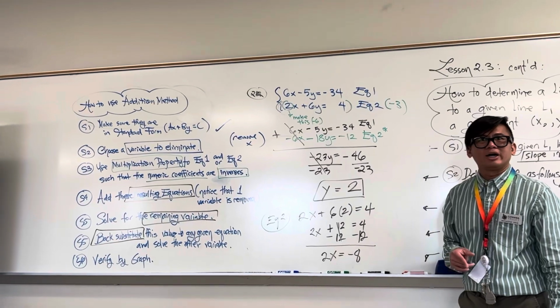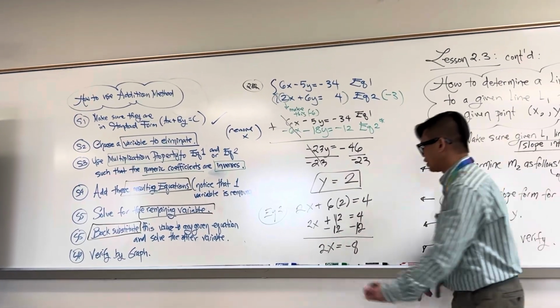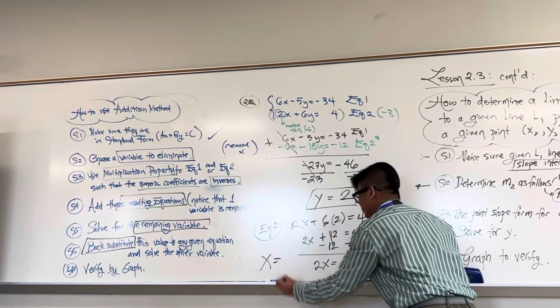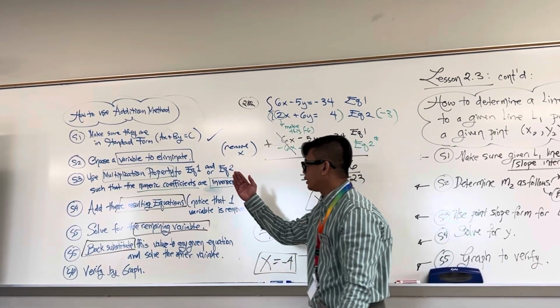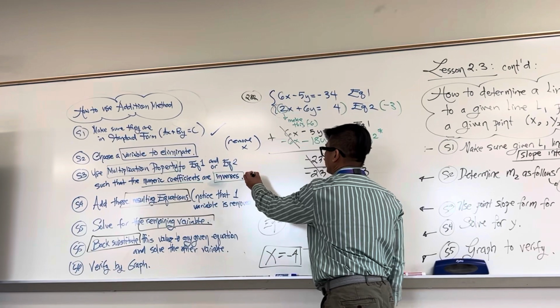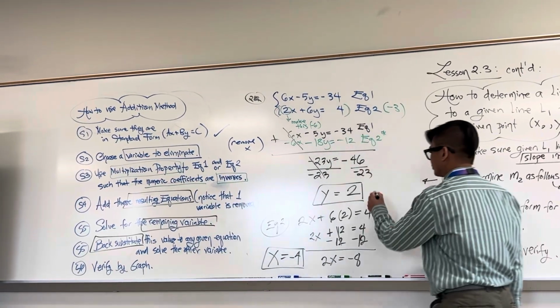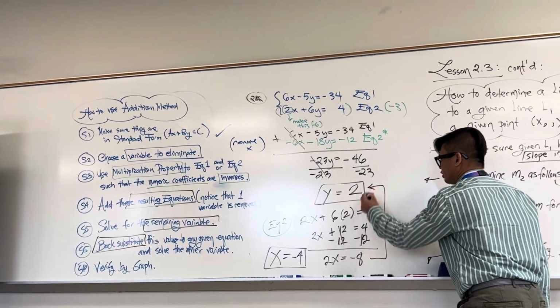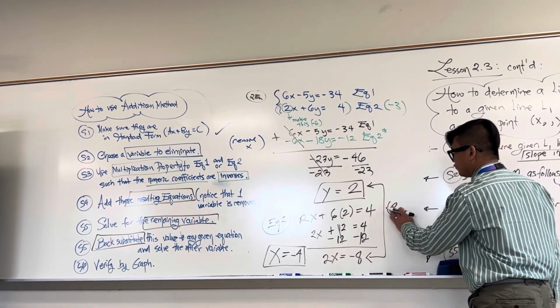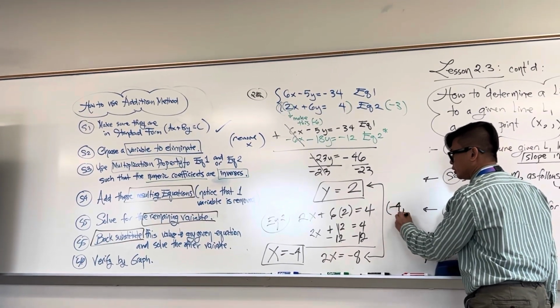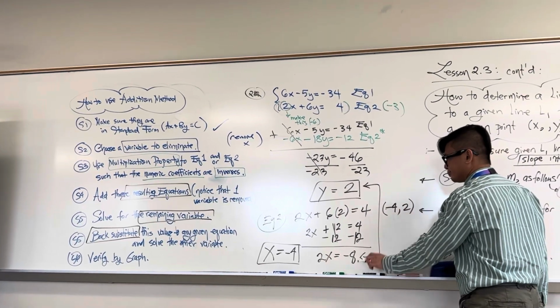Dividing both sides by 2, we're going to get your x value as negative 4. Next one. What's our solution? Very good. Then our ordered pair will be negative 4 first, our x value, comma 2.